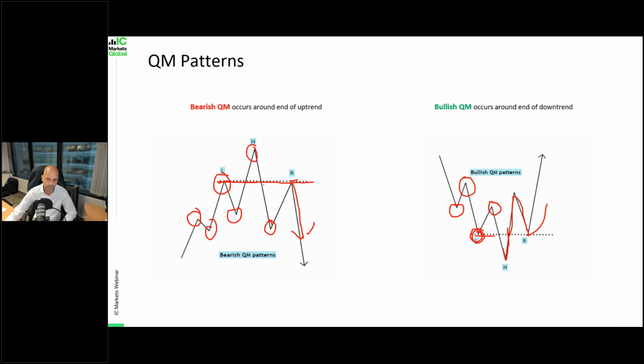It didn't continue to be a series of higher lows. It actually broke the market structure, then proceeded to come back up to the neckline. And should price fail to break above this neckline again and reverses, that's when we get the confirmation of the bearish Quasimodo pattern.